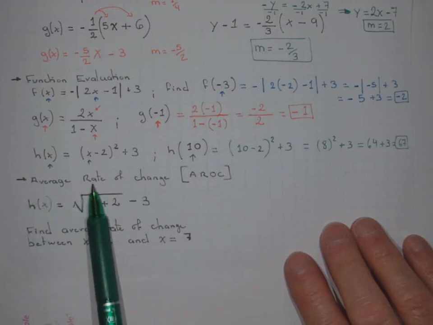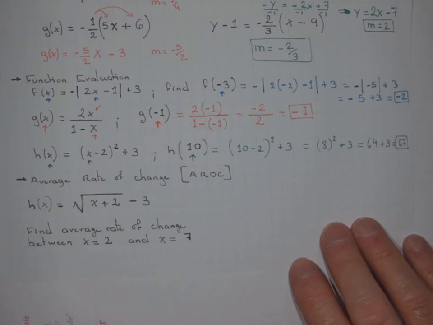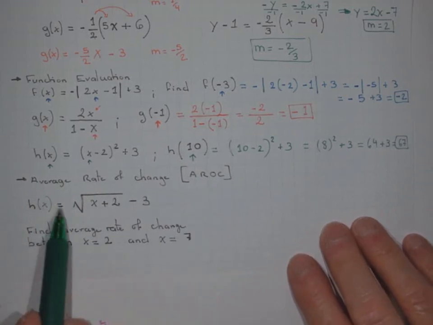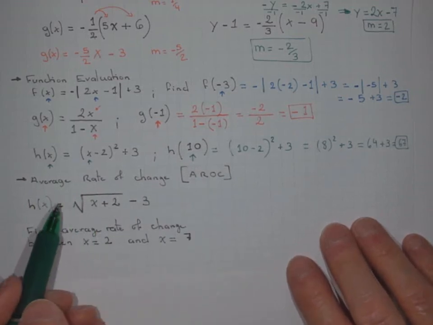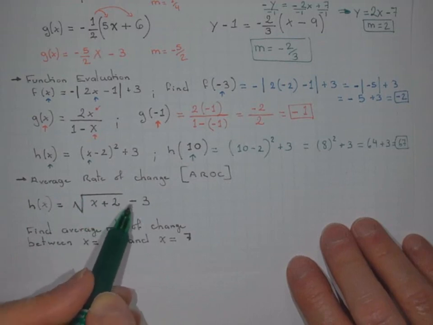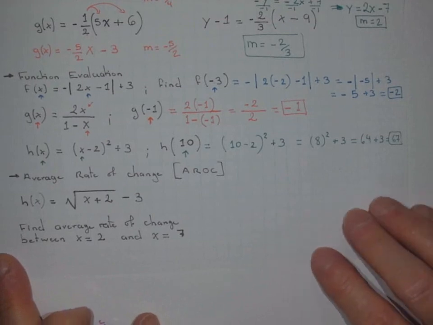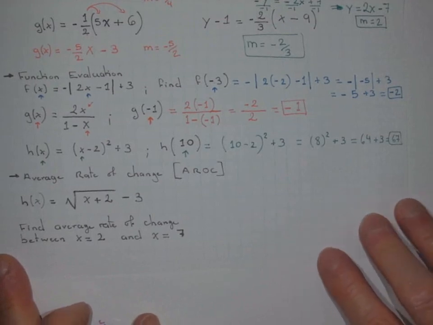A for average, R for rate, O for of, C for change, AROC, right? So the average rate of change of h of x being the square root of x plus 2, and then a minus 3 in the back. An average rate of change is a slope when your function is not linear.